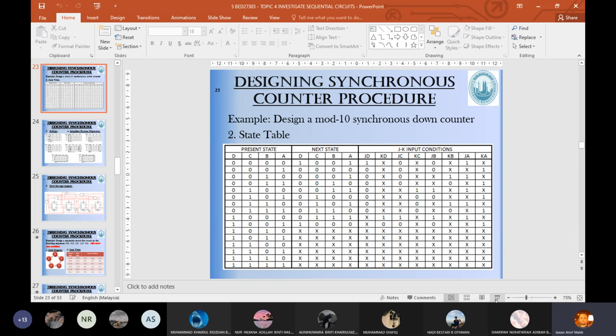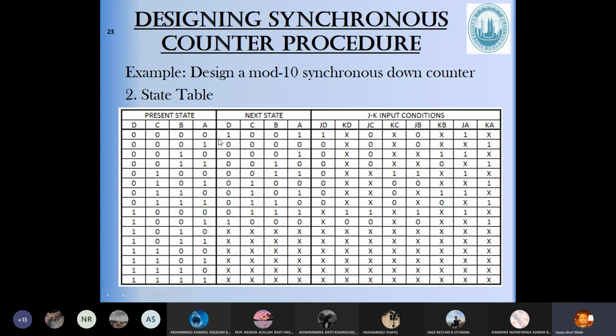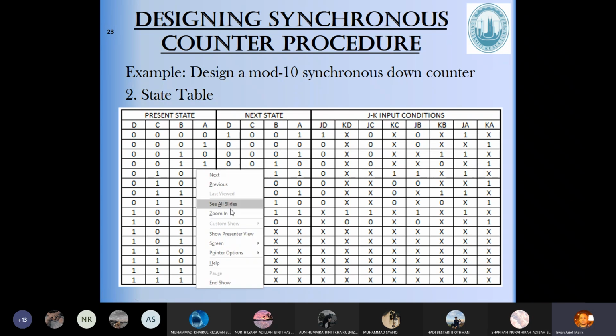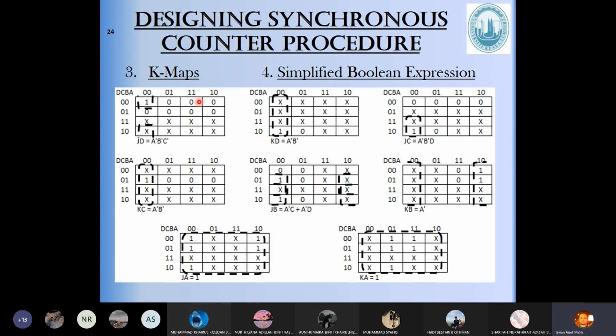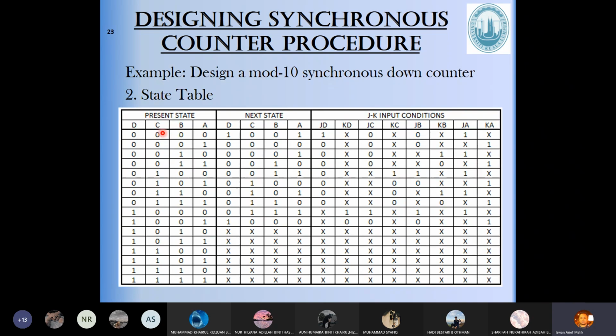So please be careful with this thing lah, sebab menaik dengan menurun ni normally what student tend to do when they design the state table, dia letak secara menurun. Tak salah pun sebenarnya, sebab next state dia pun akan ikut diagram, so it is correct. JK input condition pun it is still correct, but bila transfer ke sini dia masuk semborono, meaning that dia akan masuk ikut macam ni lah, 1 0 0 0 0 0 0 0, dia masuk je 1 0 0 0, dia ingat susunan dia macam tu. Padahal sepatutnya dia kena masuk daripada 9 dari sini. Apa nombor yang dekat sini lah, what are the numbers at the present state. So be careful with that.